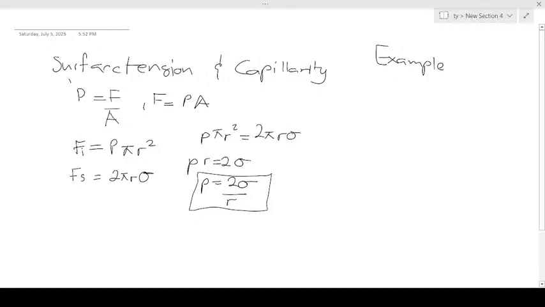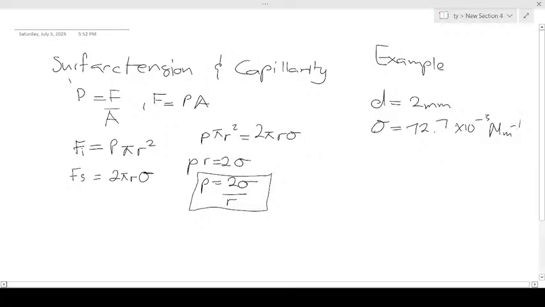So we have diameter here being 2 millimeters, and then we have the surface tension to be 72.7 times 10 exponent minus 3 Newton per meter. In this case, you can see that the diameter is in millimeters, but the surface tension has per meter. So that means we have to convert the millimeters to meters, and that is going to be equal to 2 times 10 to the power minus 3 meters.